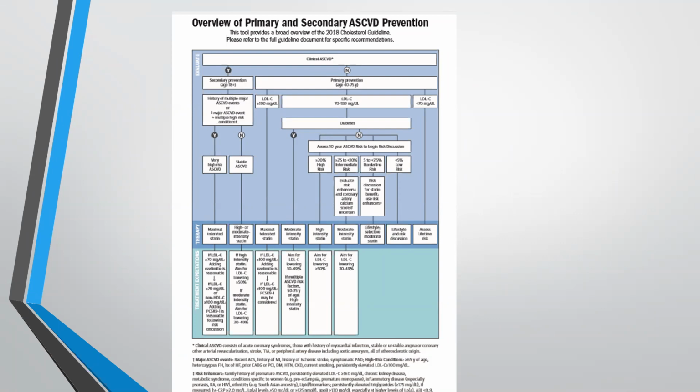Nowadays, for primary prevention, which is your 40s, 50s, 60s, 70s, when you want to try to prevent a heart attack, if your LDL is less than 160, you could at least do some risk stratification tools or talking about stuff. If your LDL is really high, we tend to put them on a cholesterol medicine. If the cholesterol is really low, we tend not to.